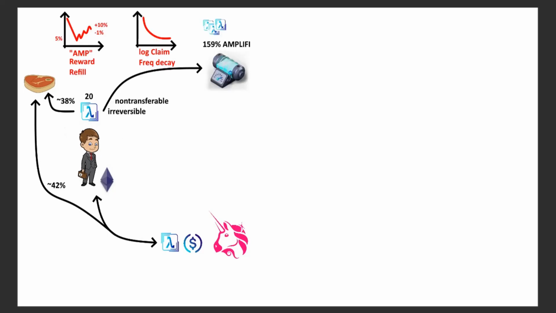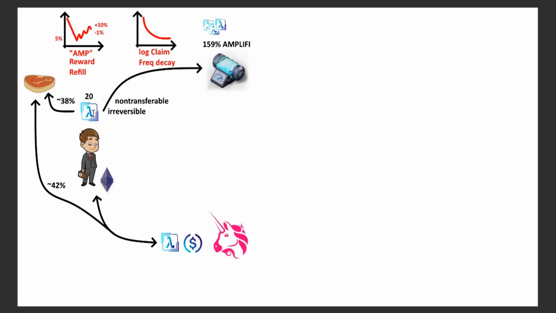Moving on, if you were to buy 20 of these AMPLIFI tokens, then you can take advantage of the actual system that they've built. If you can't afford 20, then the single DeFi 1.0 is the way to start. Buy a bit of these AMPLIFI tokens, stake them, and gain that 38% until you have about 20. And then once you have 20, you can take advantage of everything over here.